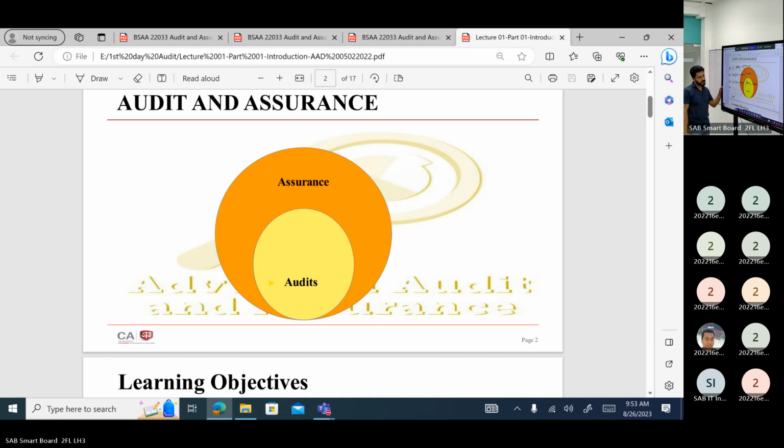Then we have to gather evidence, and then we have to issue a report. These are the main elements of assurance engagement. Whatever the outcome you are giving, you have to relate to these five areas.